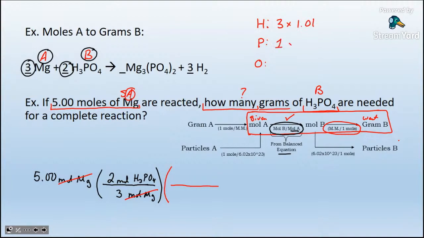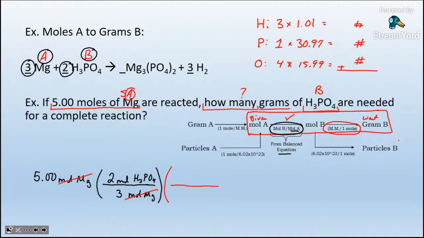I have 1 phosphorus, where phosphorus has a mass of 30.97. And I have 4 oxygens, where each has a mass of 15.99. So I would do the multiplication, and then I'd add up each one of these values.